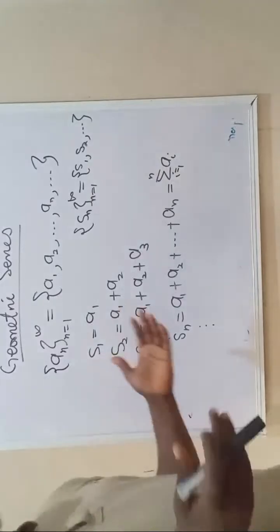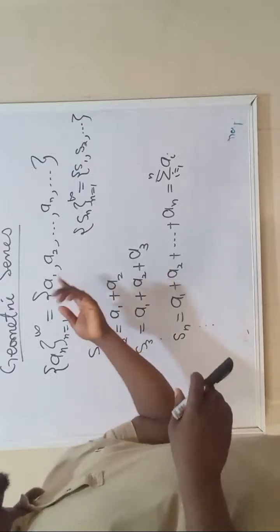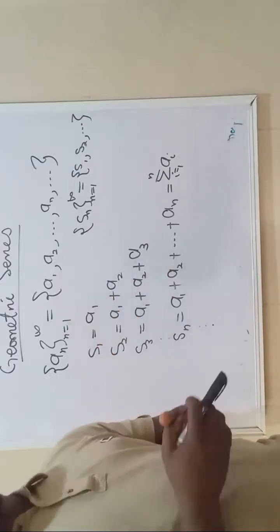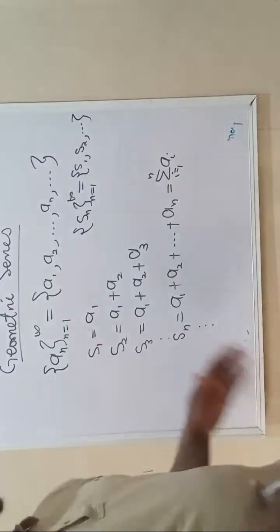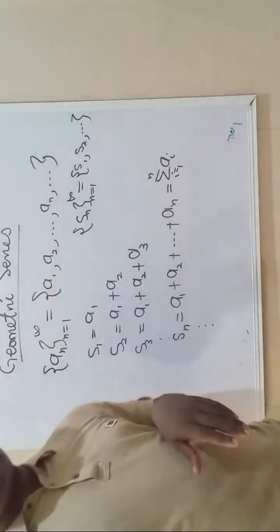And finally we discussed the divergence theorem, which can be used as the converse of the convergence criterion. So today we want to look at another form of series called the geometric series.